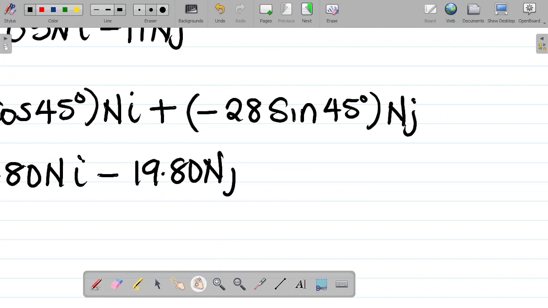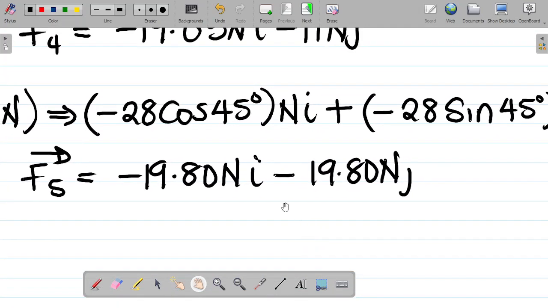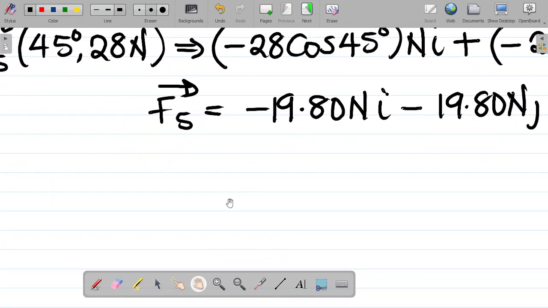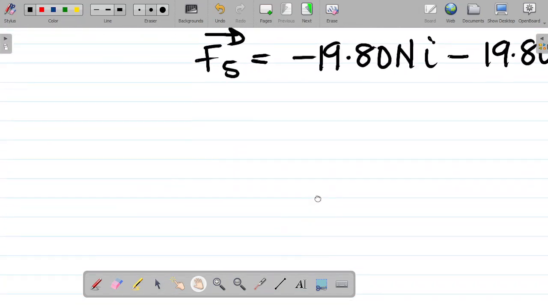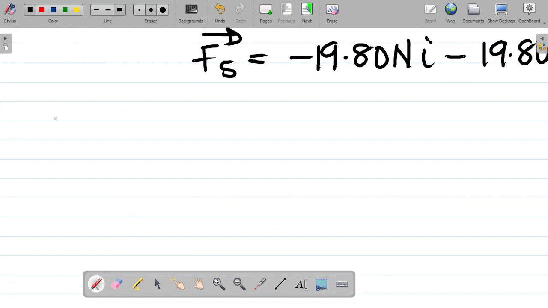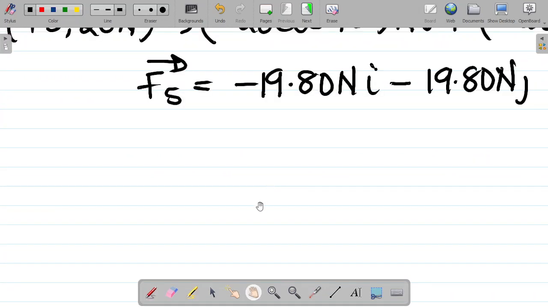Alright guys, so we've gotten the value of F1, F2, F3, F4, F5 resolved to their horizontal and vertical components. At this point, we can now get resultants. So our next task here would be to find the value of the sum of all the horizontal forces and the sum of all the vertical forces. Alright.